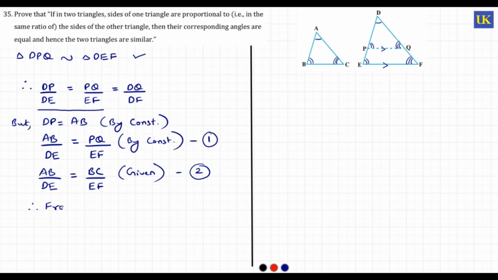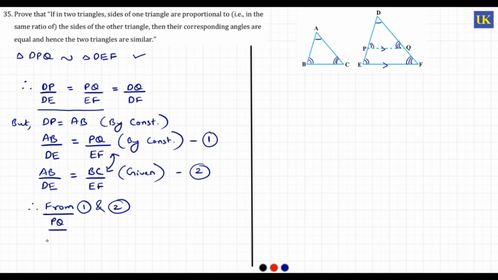And from 1 and 2, we can say that if AB upon DE is equal to this, and the same AB upon DE is equal to this, then these two things should also be equal to each other. That is what I will be writing.